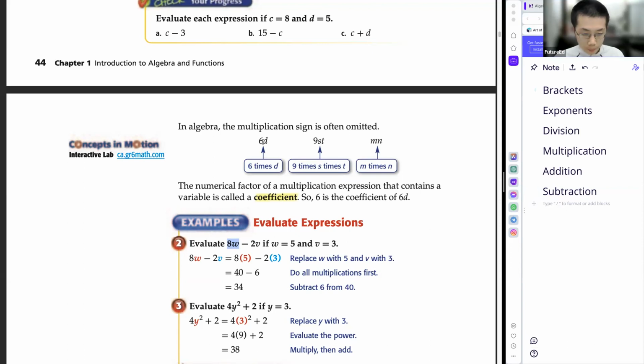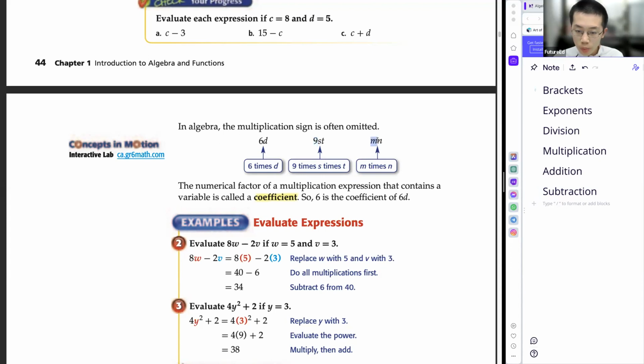Okay, I'll do an example first. If you look at 9ST, you see some letters and you see some numbers in this expression, right? And when I'm asking for the coefficient, you just want to see the number part, okay? In this case, the number part would be 9. So if I asked you what is the coefficient of 9ST, you would tell me the coefficient is 9.